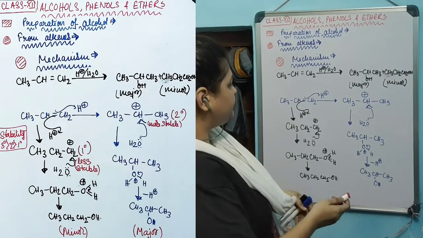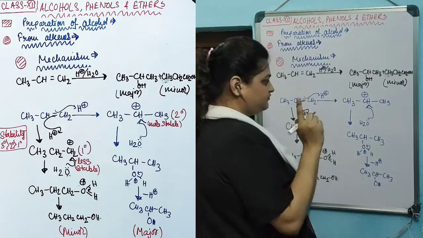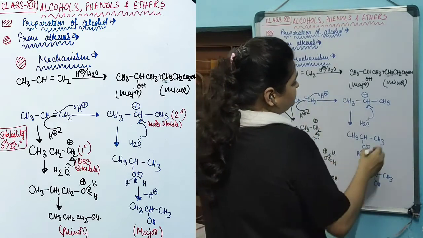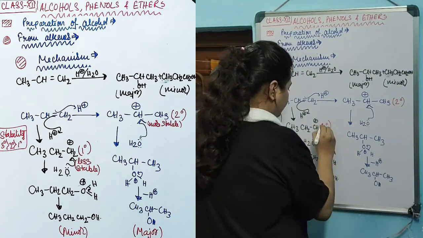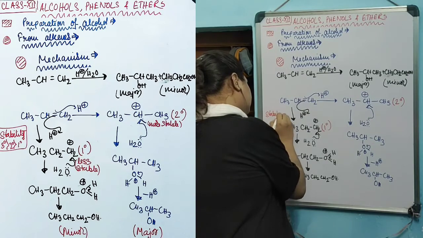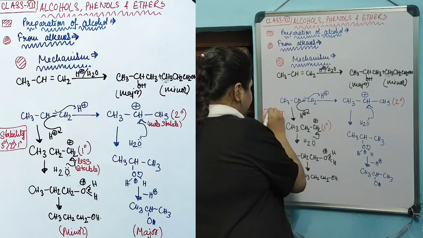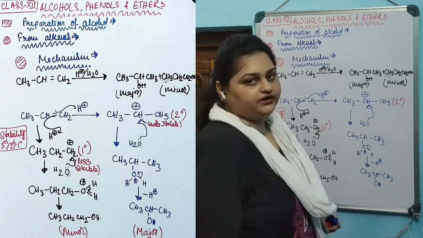Now, in both mechanistic pathways, the carbocation is formed in the first step. In this pathway, a 2 degree carbocation is formed. In this pathway, a 1 degree carbocation is formed. We know that the stability of carbocation follows the order 3 degree greater than 2 degree greater than 1 degree. That is, the stability of a 2 degree carbocation is much more compared to a 1 degree carbocation.